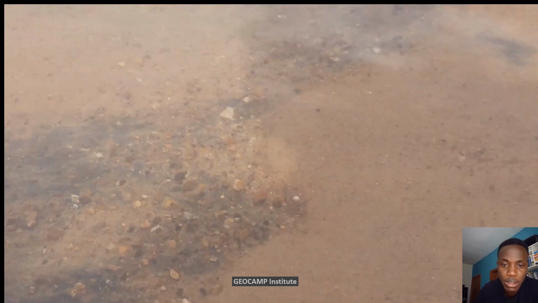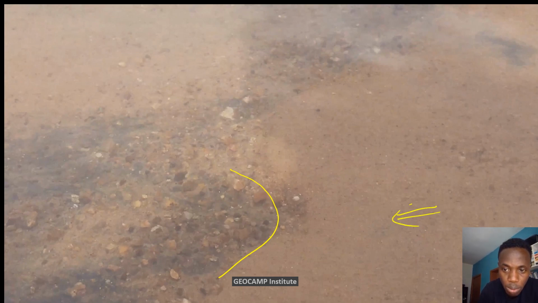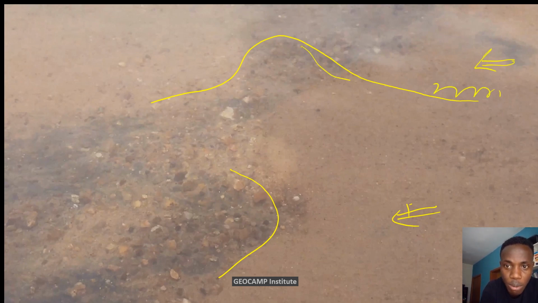If I pause for a minute, what you'll see if you focus on just this little area, this crescent shaped feature, this is the direction of travel of the currents of the river. Okay, so if you recall when we talked about these ripples, we also did say that particles moving in this direction are eroded from this side, the stoss side, and deposited on the lee side.